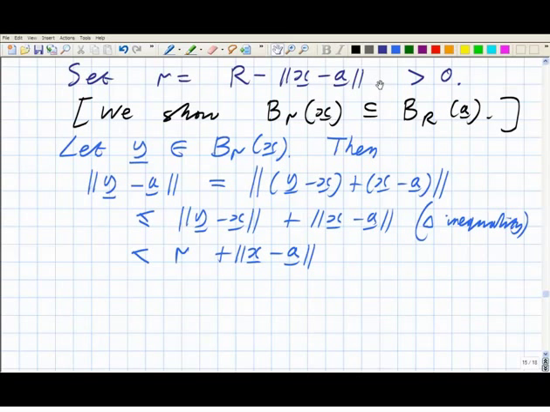So that's smaller than r plus the norm of x minus a. But look at that formula up there for what r was. r was capital R minus norm of x minus a. So if you add norm of x minus a to it, you get exactly capital R.